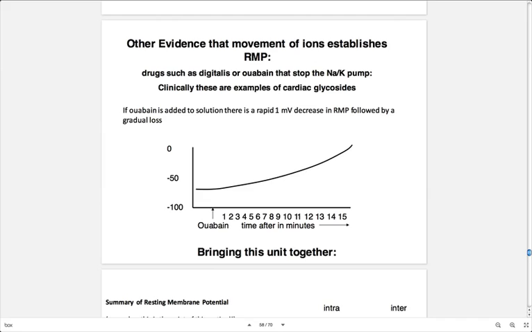Good. So you have less of a gradient with sodium outside and inside, and so your pump doesn't have as much energy. There's not as much energy in that sodium gradient anymore. So you're not going to be able to pump calcium out as much.